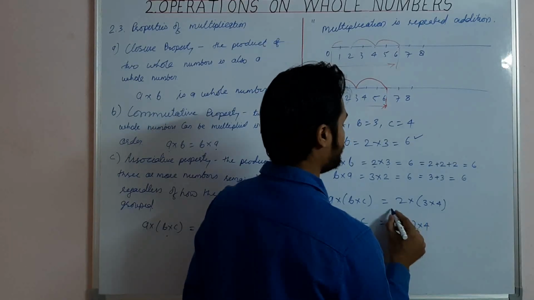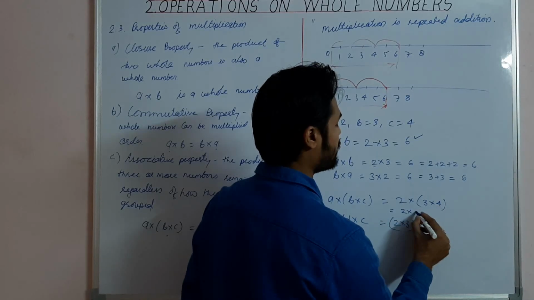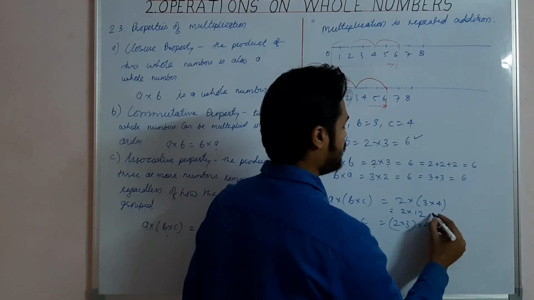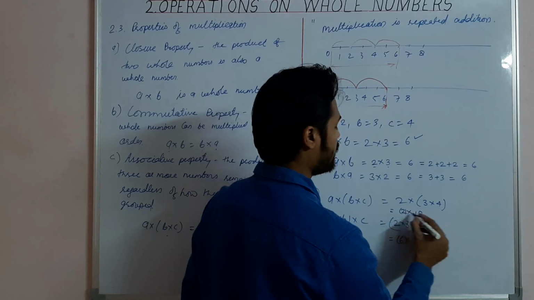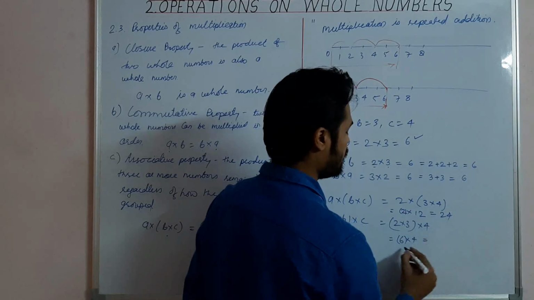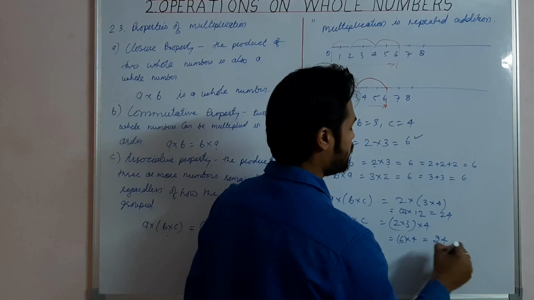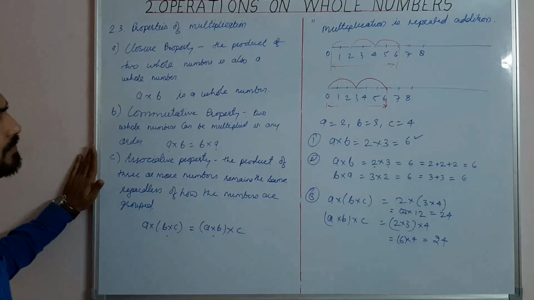In the next step we will get 2 into 3 into 4 is 12. Here 2 into 3 is 6 into 4. And the final total is 12 into 2 is 24 and 6 into 4 is also 24. So multiplication is associative also.